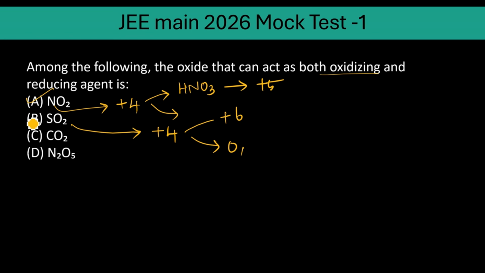So that can also undergo both. And CO2, that is in the maximum oxidation state of +4 only, it can't go beyond that. What about N2O5? Nitrogen is in the maximum oxidation state of +5. So which means A and B in the options, that makes it correct.